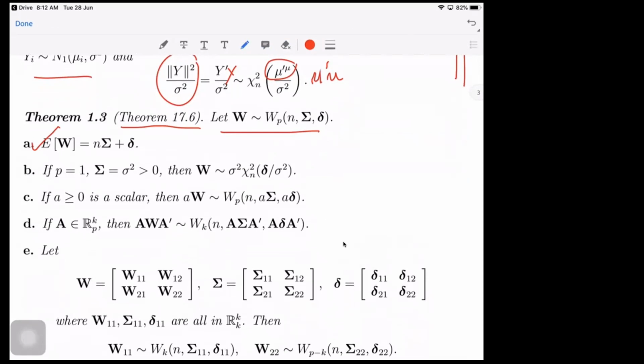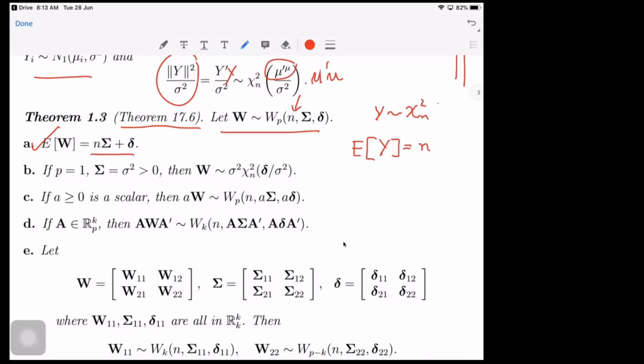So in the univariate case, you know that the expected value of a y, which is chi-square distributed central, is just equal to its degrees of freedom, no? N. But here, if we have a Wishart in general, if it is non-central Wishart distribution, then the expected value of W is equal to n times sigma plus delta.